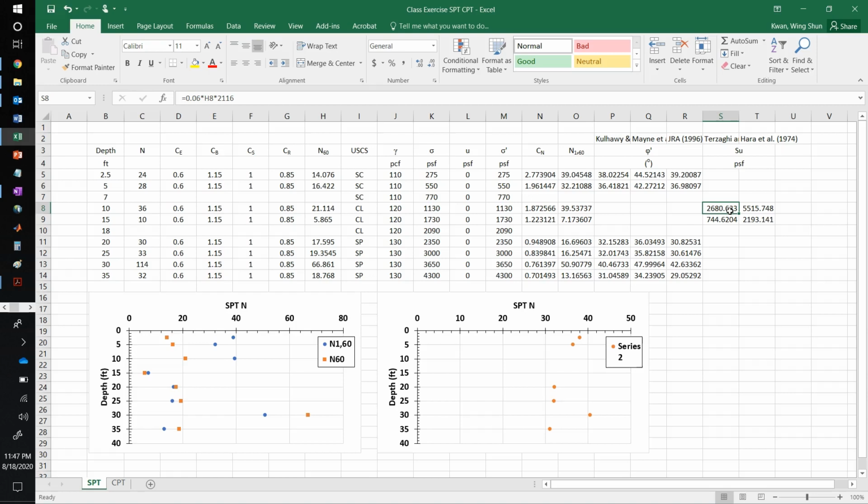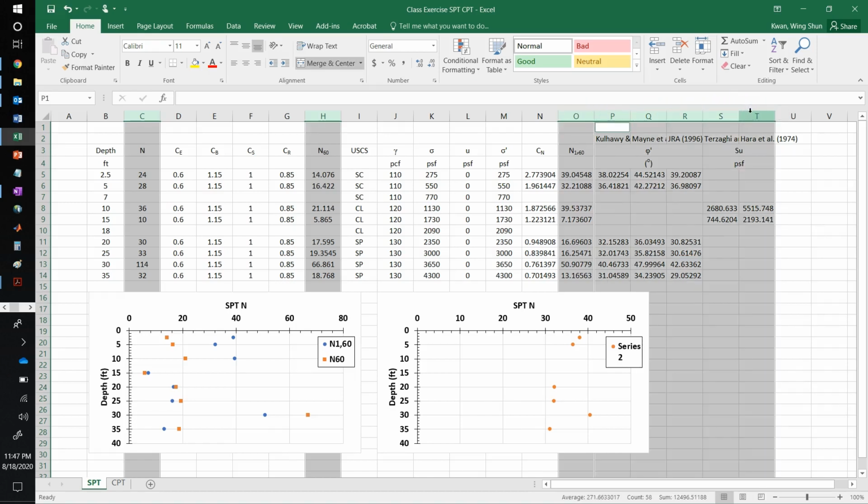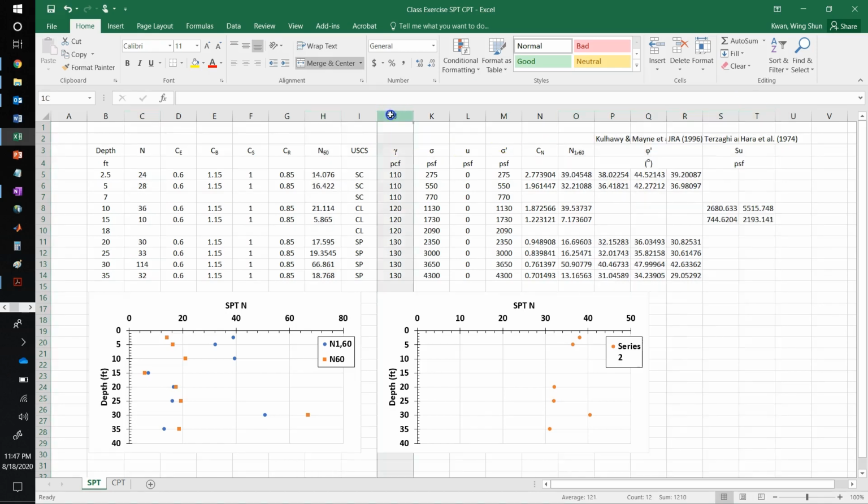So these examples walk you through from the SPT N values to corrected N60, and further to the corrected N160. From there, we talk about how to obtain the soil parameters that we may want, including also the unit weight, which many times is very useful too.